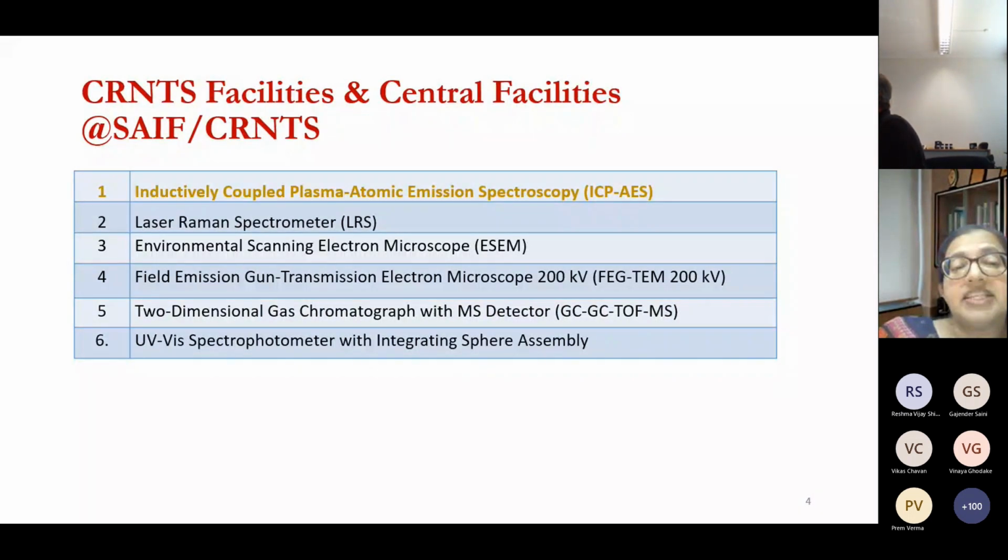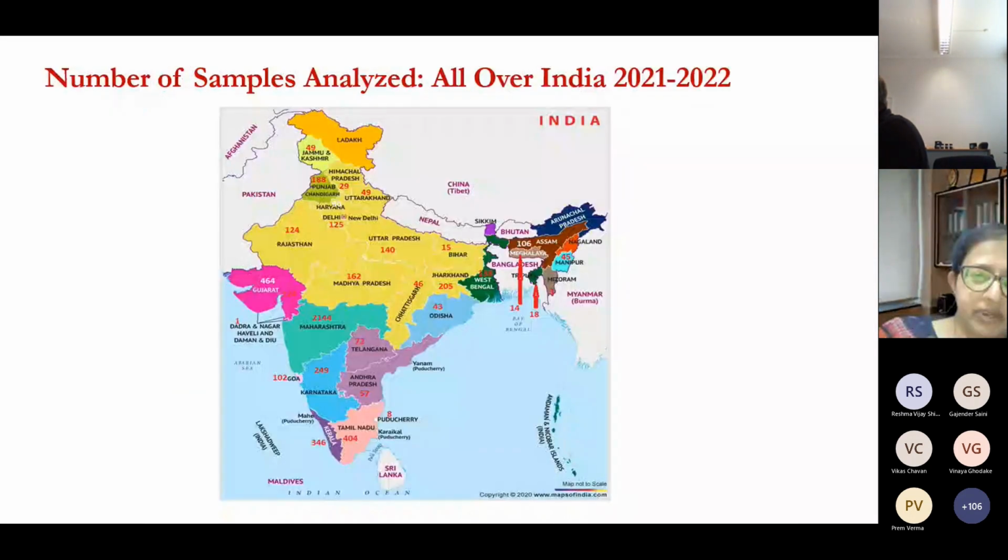Now, in addition to the SIF facilities, we have several central facilities located in SIF CRNTS, which are listed here. ICP-AES is one of these central facilities located in SIF. This is a very old facility, installed in 2009. In addition, we have several other central facilities like LRS, ESIM, FEG-TEM 200 kV, 2D gas chromatograph with MS detector, and UV spectrophotometer.